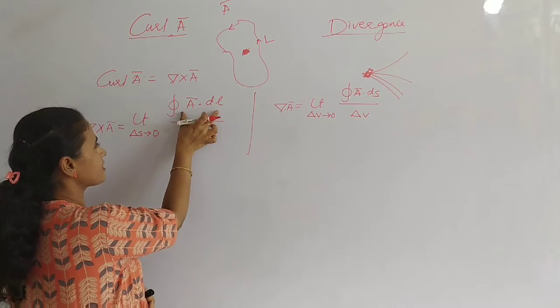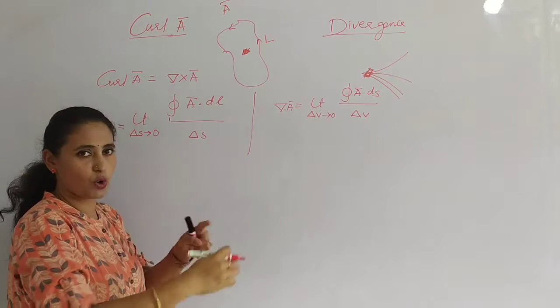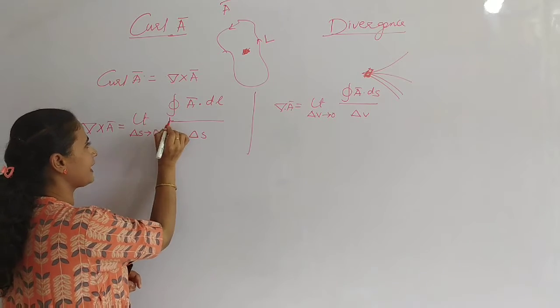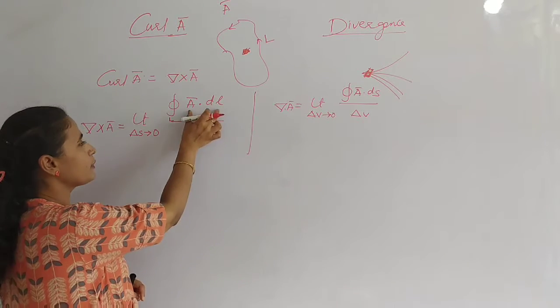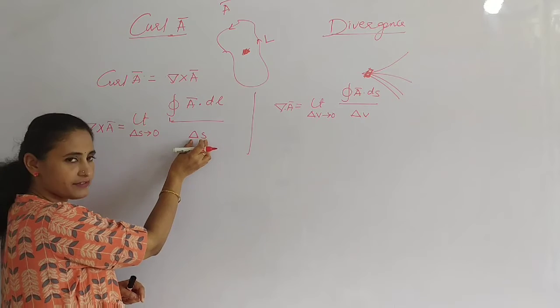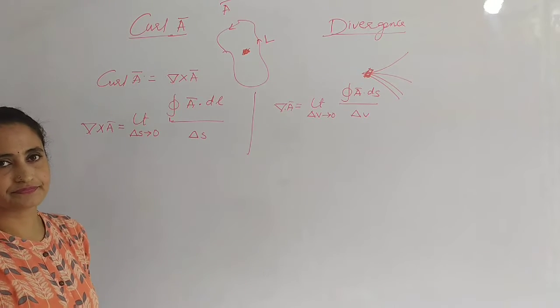I wrote the maximum circulation, which means it is in a closed loop. It is a rotational vector also. So I will write it as a line integral over a closed loop per unit area. This is unit surface area, as this unit area approaches 0.